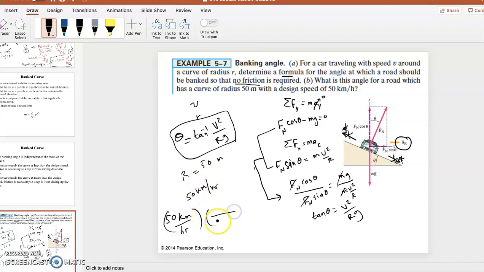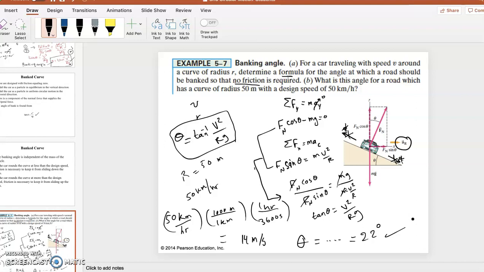So 1 kilometer is 1,000 meters, and 1 hour is 3,600 seconds. So this is equal to 14 meters per second, and you plug that into the theta. You just get the angle to be 22 degrees. All right, very good. Alhamdulillah that we're done with this example.